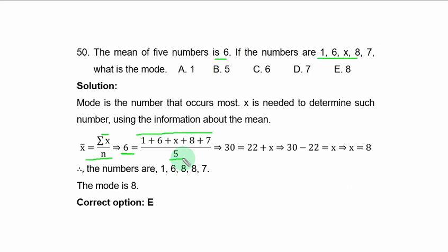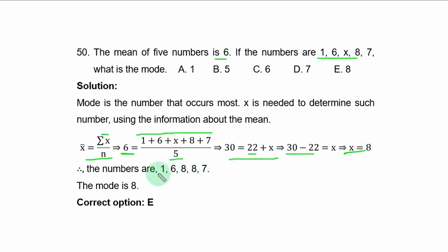Multiply through by 5 to clear the fraction, and at the same time add the like terms in the numerator. You have this result. If you transfer 22 to the left, it becomes 30 minus 22 equal to x, which implies that x is equal to 8.